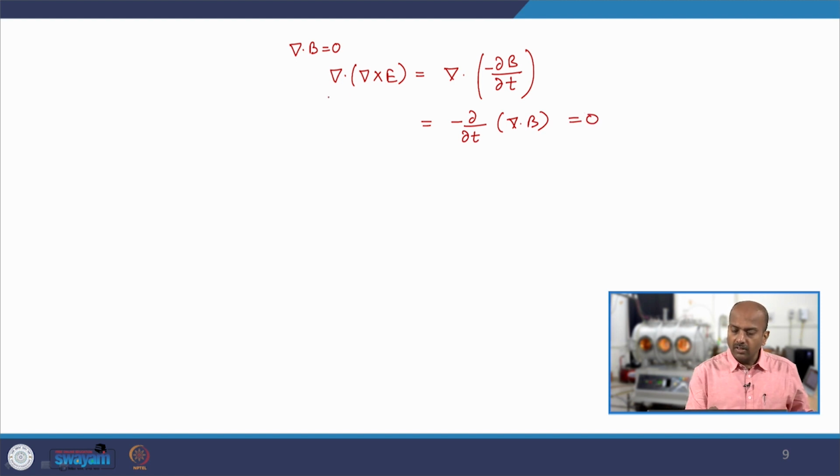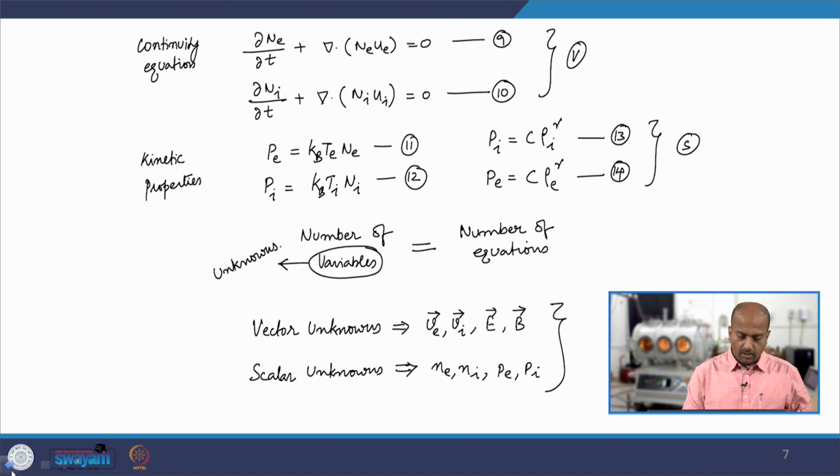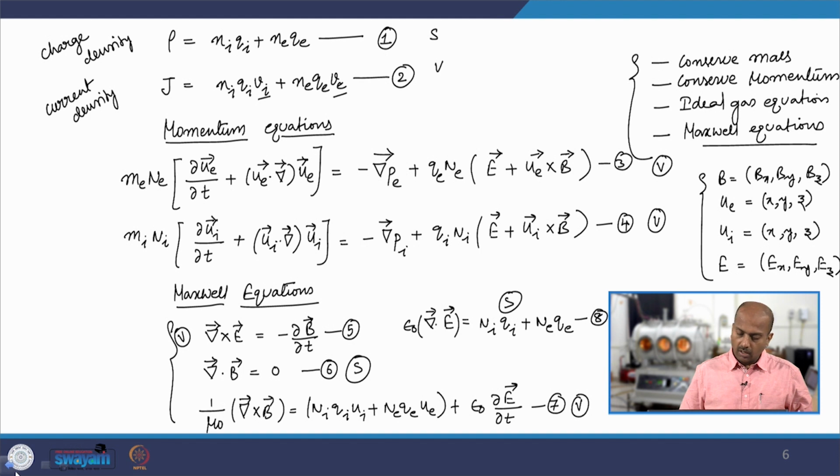So, having this equation del cross E is equal to minus dou B by dou t, which is equation number 5, the first Maxwell equation that we have written. The idea is, if you take a divergence of this, using vector identities we are going to establish that del dot B is equal to 0, because the divergence of curl is 0.